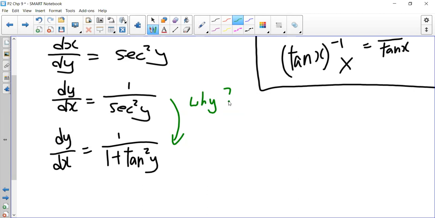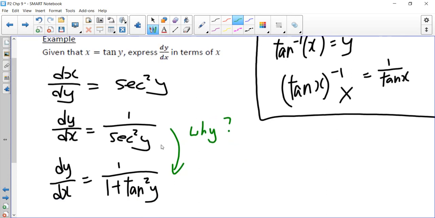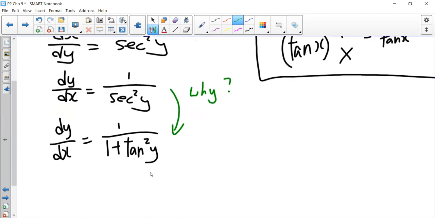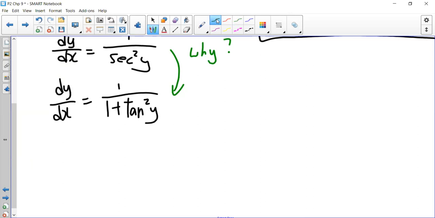The answer is, if you're lazy, go back. It's because we want it in terms of x, and the only relationship between x and y is through tan y. So we need to somehow change the sec squared into tan. The way we can change sec squared into tan is through the identity 1 plus tan squared y. Tan y is the same as x, so we can now write 1 over 1 plus x squared, and that's done.